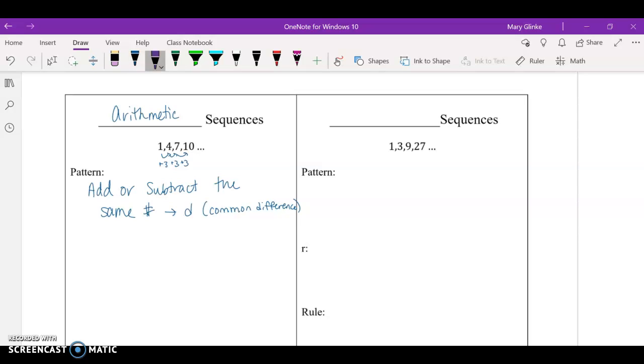So today we're going to be focusing on the next pattern, which we said was multiplying by 3. And so what's happening here is this is called a geometric sequence. Geometric sequences are when you multiply by the same number each time.